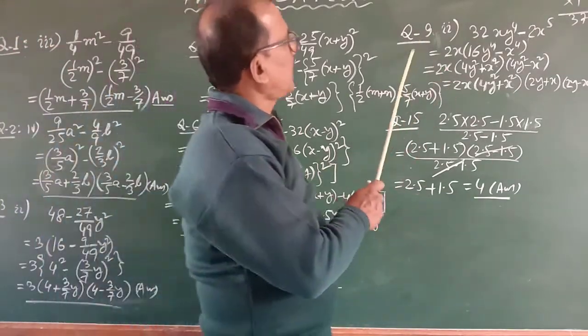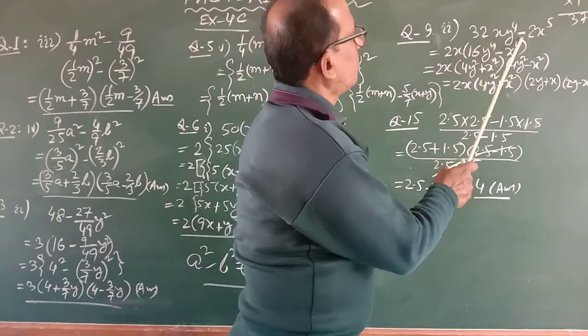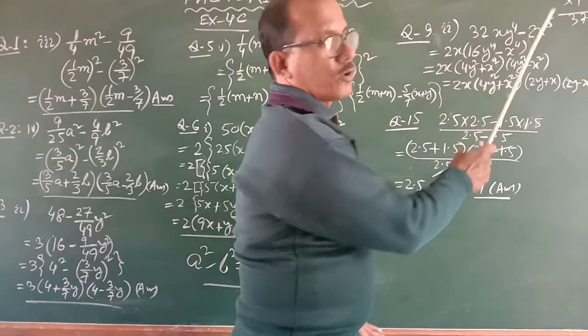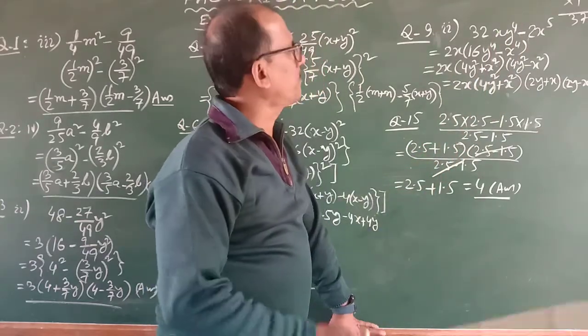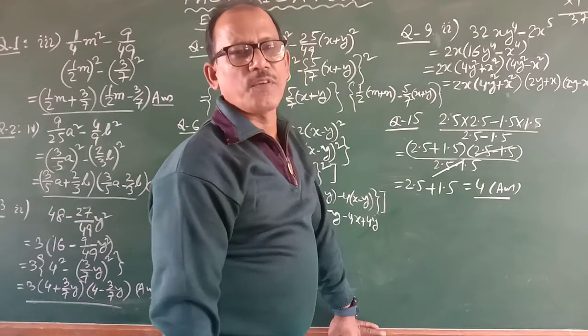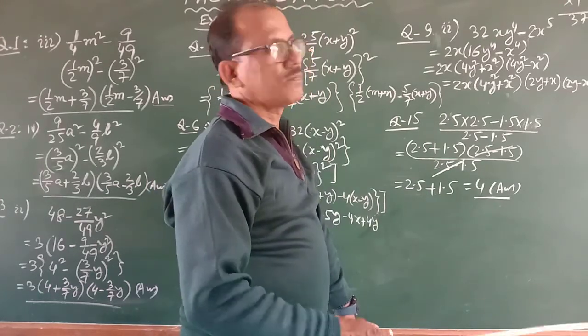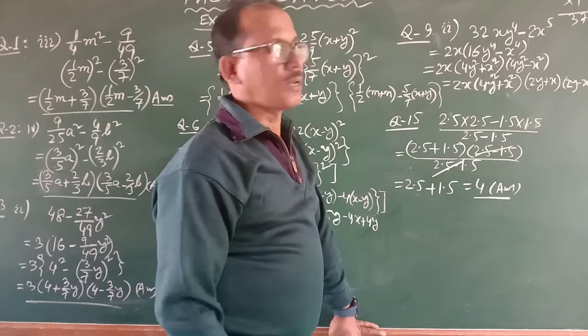Now question number 9 is given to you. See here also, 32x y to the power 4 minus 2 x to the power 5. Here also you have to take something common. First you have to take the common factor out, and the remaining factors will be perfect squares, so that it can be in the shape of a square minus b square.